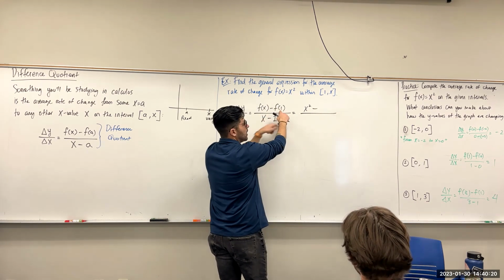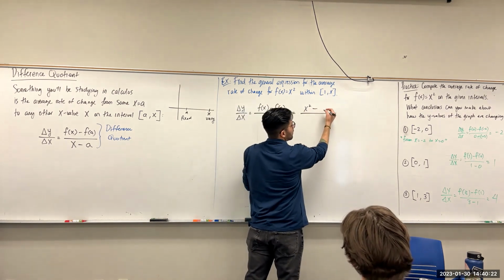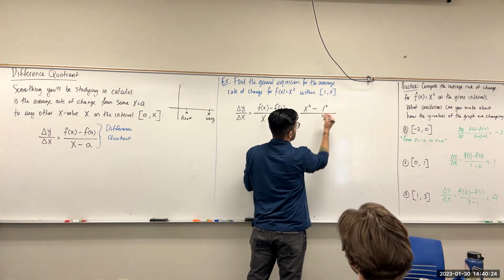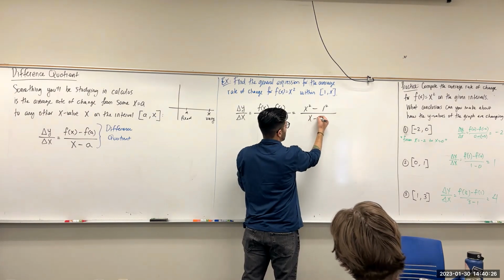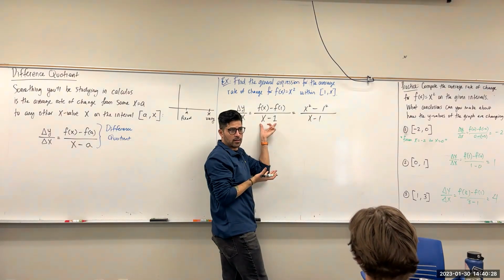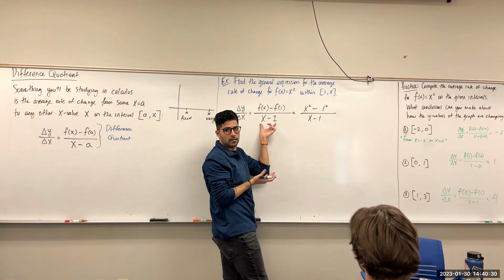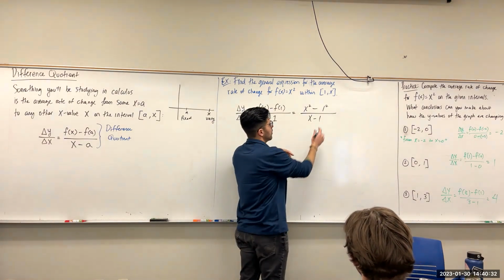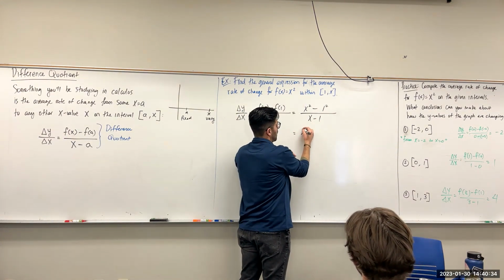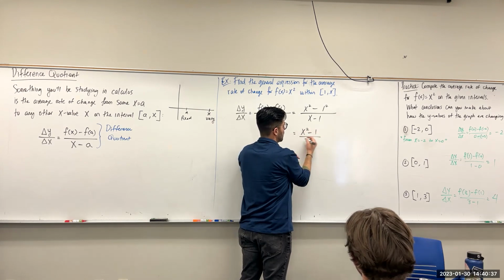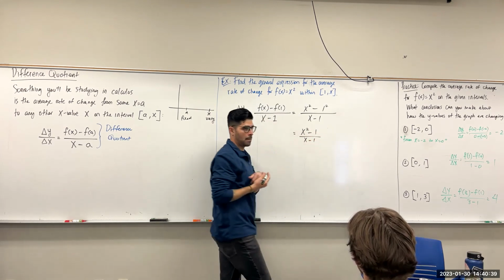Minus, here I do plug in the 1, so that's gonna be 1 squared. And this time I can't subtract this anymore because I have a variable there, right? So this just becomes x squared minus 1 over x minus 1.